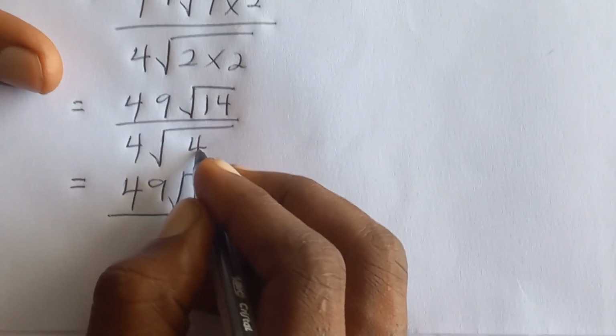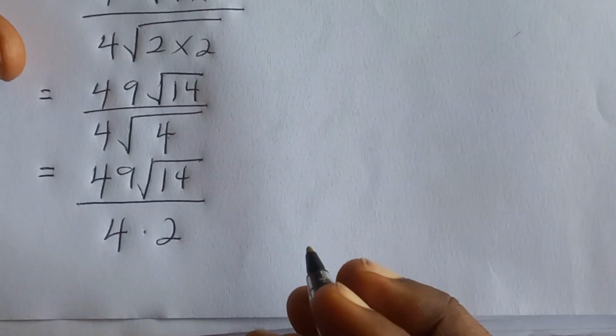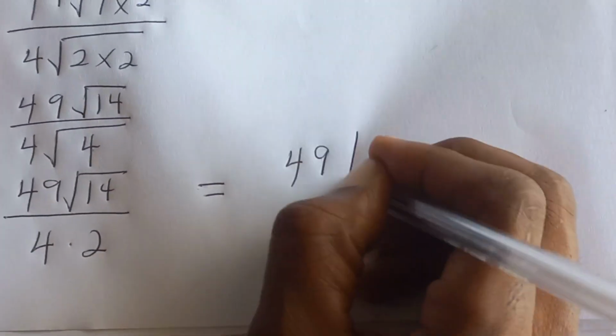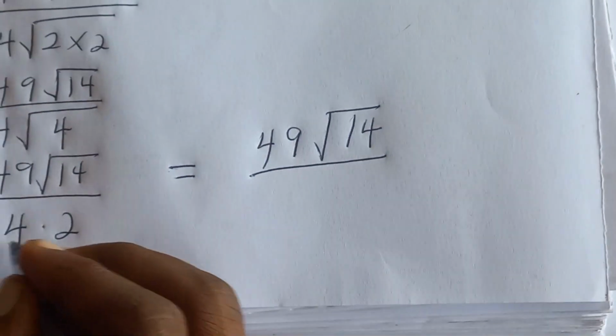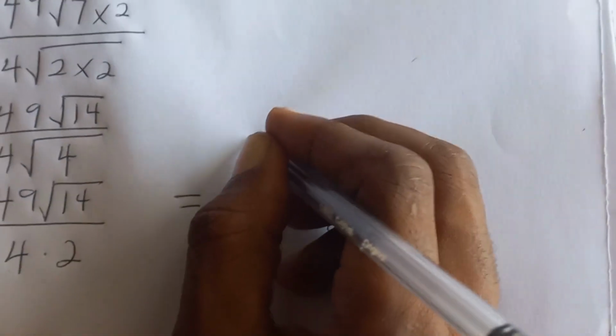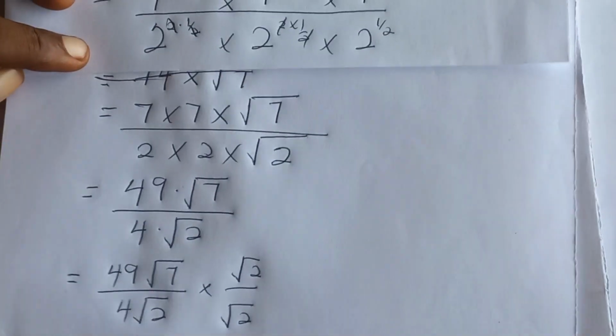Square root of 4 is 2, so we get 4 multiplied by 2, which is equal to 49 root 14 over 4 times 2 is 8, so we get 8. So this is our final answer for the expression.